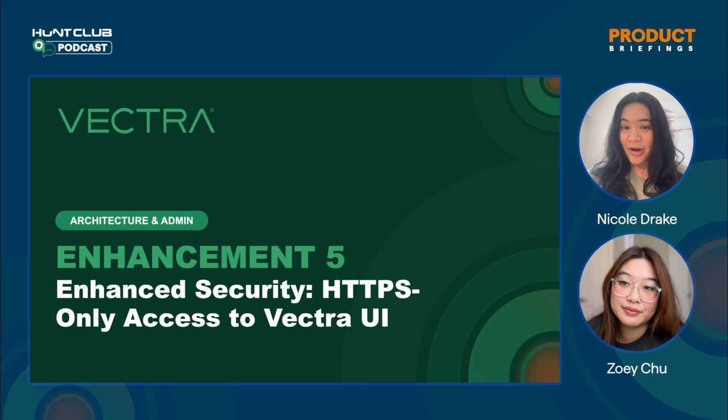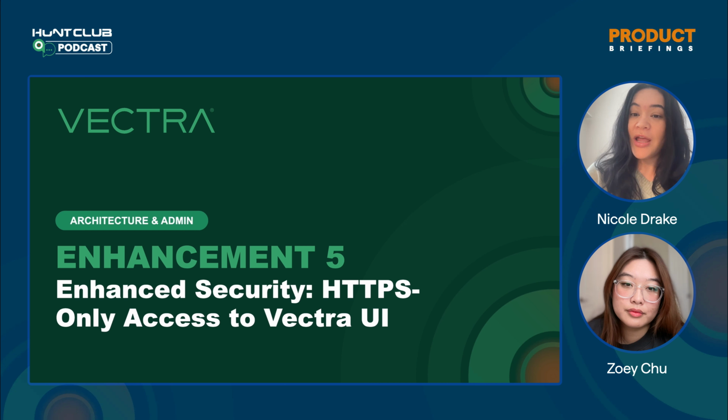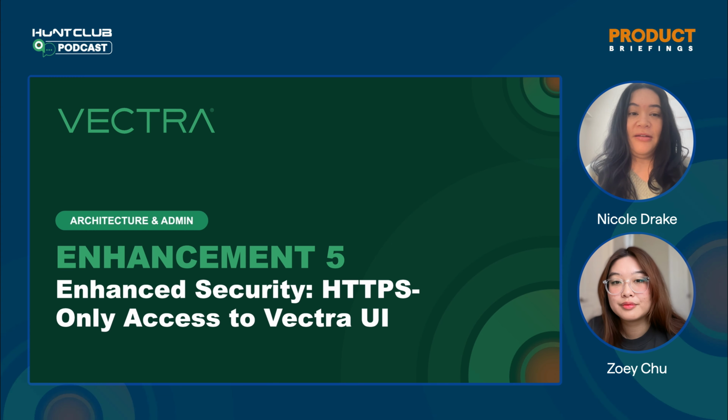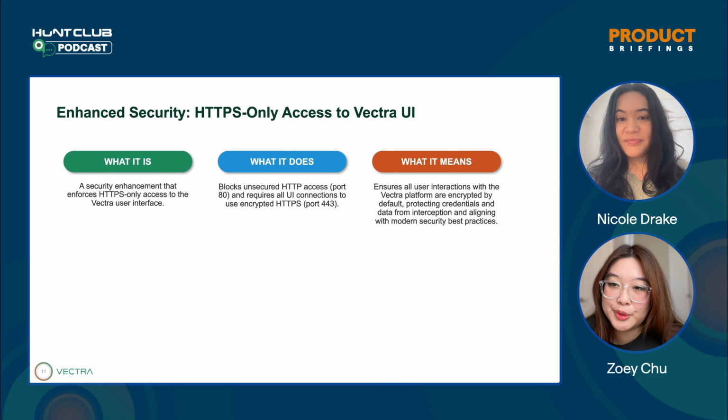For another architecture and admin enhancement, we have enhanced security for HTTPS only access to the Vectra UI. Zoe, if you want to tell us some more about that as well. Yeah, this is pretty simple.